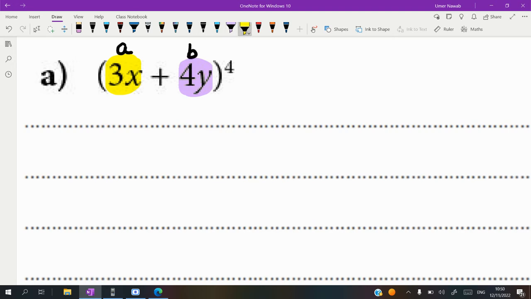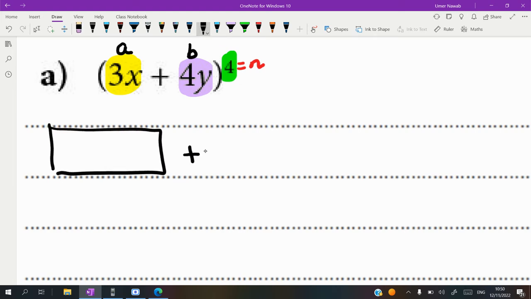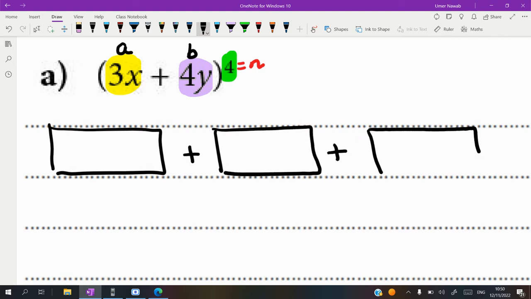And my power is n, which is 4 here. Done? How to expand it? Since the power is 4, as per my discussion I am going to get 5 terms, and each term is separated by a plus sign.